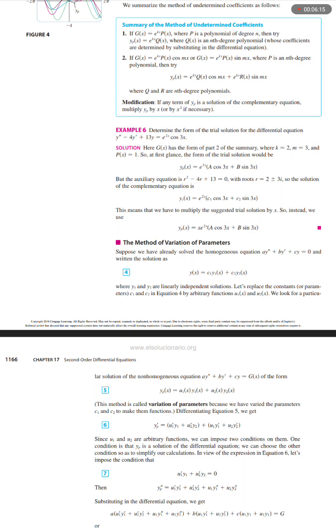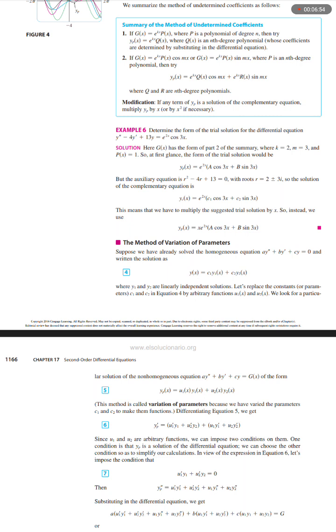The method of variation of parameters. Suppose we have already solved the homogeneous equation a y double prime plus b y prime plus c y equals 0 and written the solution as equation 4, y of x equals c sub 1 y sub 1 of x plus c sub 2 y sub 2 of x, where y sub 1 and y sub 2 are linearly independent solutions.